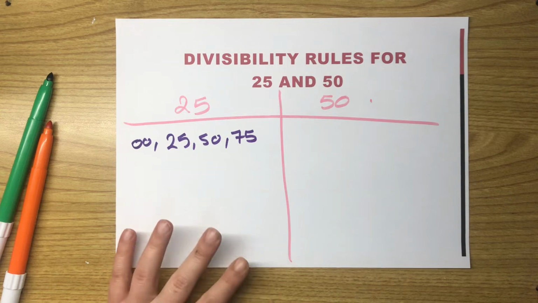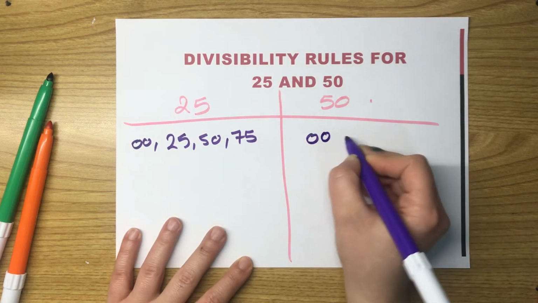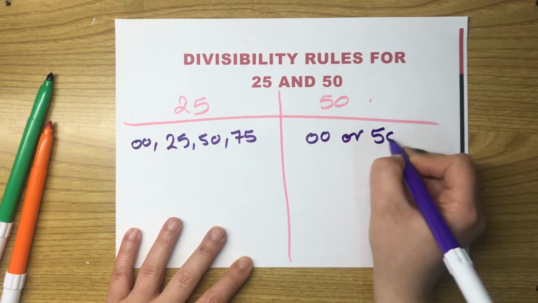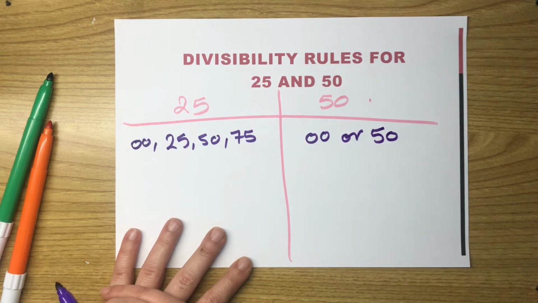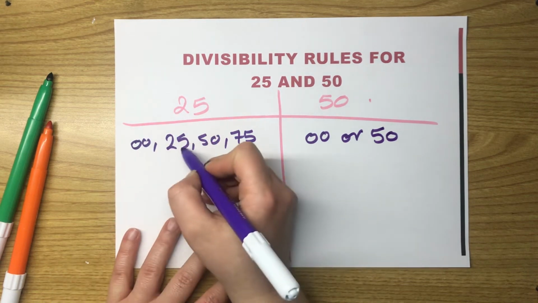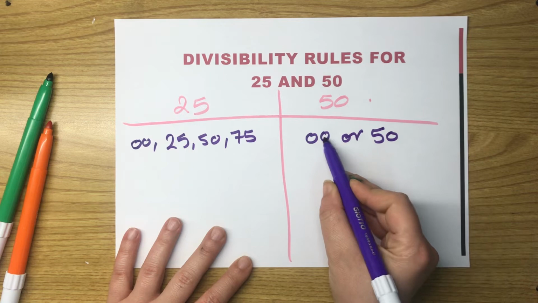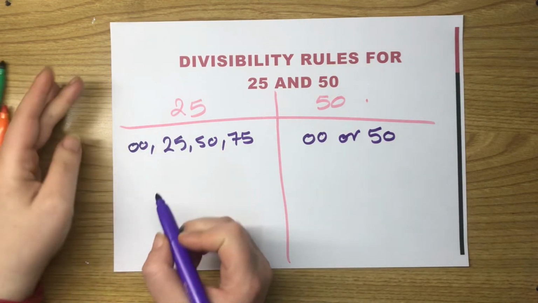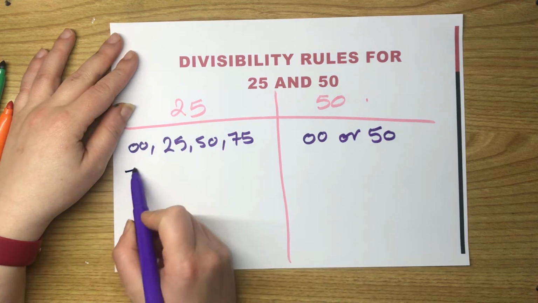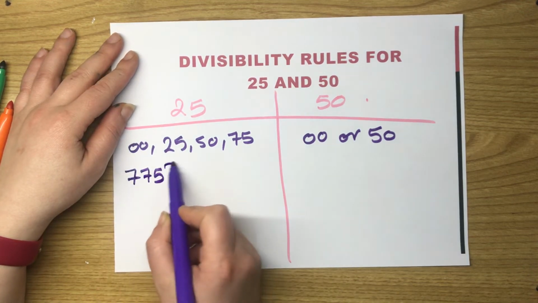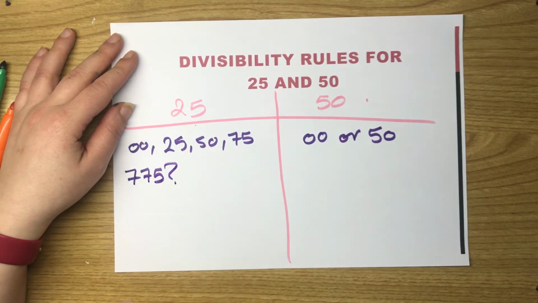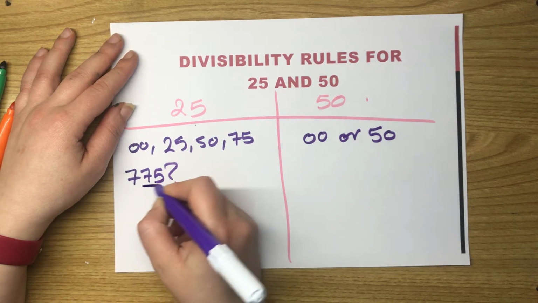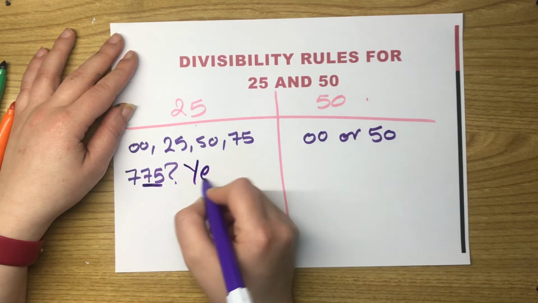The last 2 digits must be 00 or 50. Is 775 divisible by 25? Yes, because 75 is here.